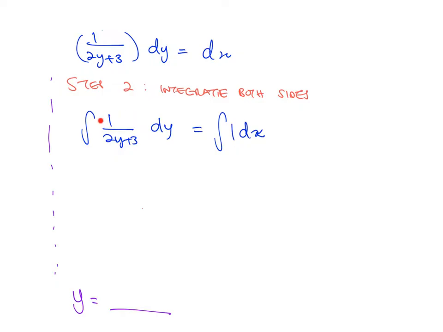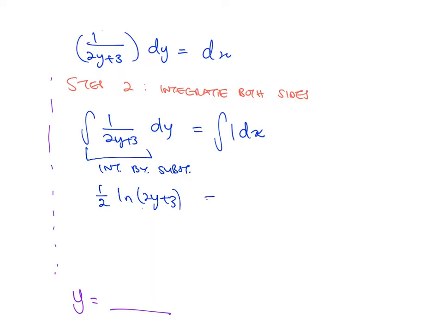Here this is clearly an aspect of the integral of 1 over x, which is ln x, but here you can use integration by substitution in order to find what this integral is. If you do so, you'll find that this integral is a half ln 2y plus 3. That's the integral of 1 over 2y plus 3.